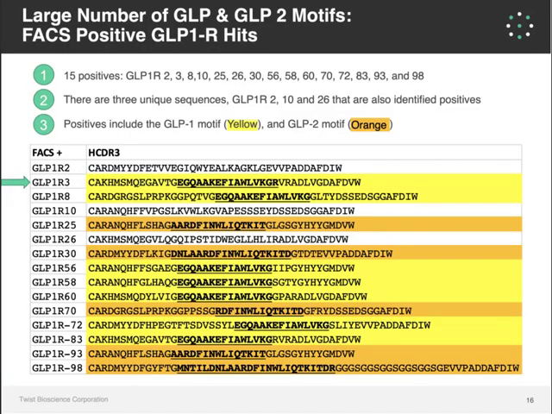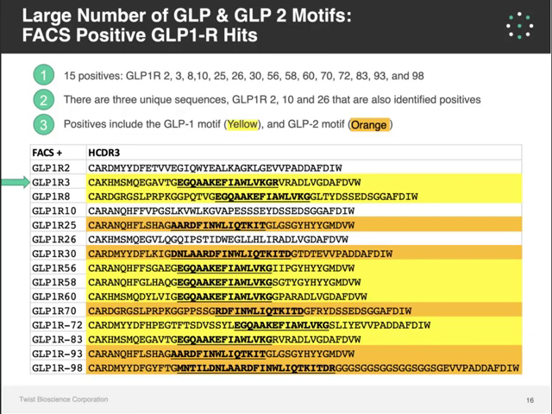When we look more closely at these sequences that bind to GLP-1 receptor on cells, you might expect to see some motifs that make sense based on the target you're panning on. In this case, we might expect to see some sequences in the heavy chain CDR3 loop that have the GLP-1 peptide motif, and that's exactly what we see.